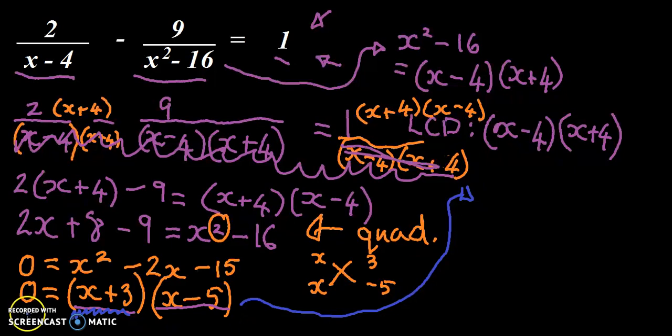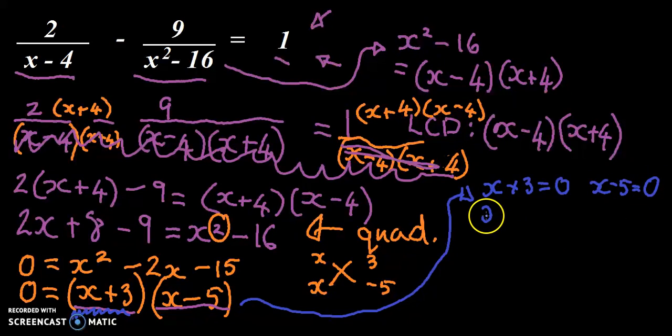The equation will equal to 0 at least. So I could have x plus 3 is equals to 0, or x minus 5 is equals to 0. And then it's far easier to solve for them.